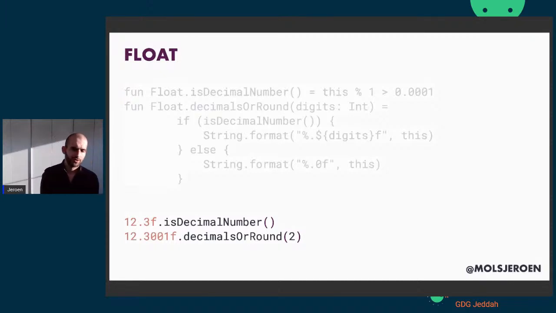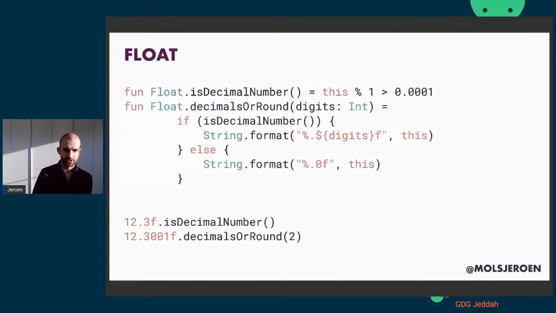Other extension functions that I created, just to give you an idea of what's possible. We don't necessarily have to go into all of the details, but it's a check on a float to see if it's a decimal number or not.